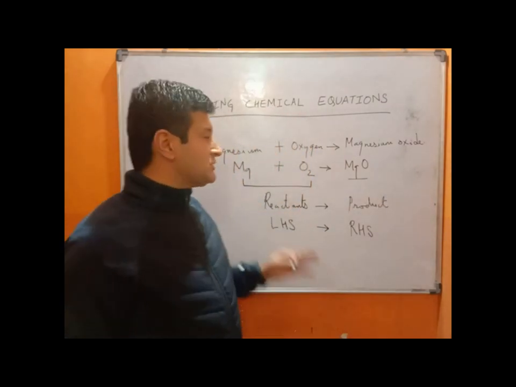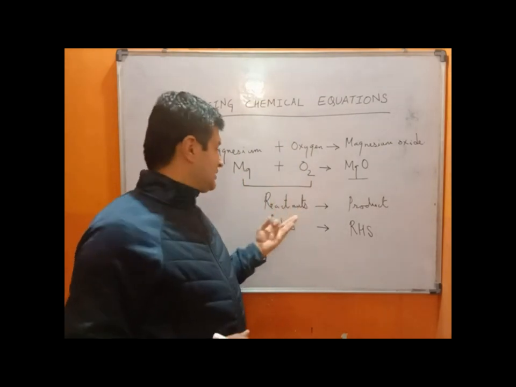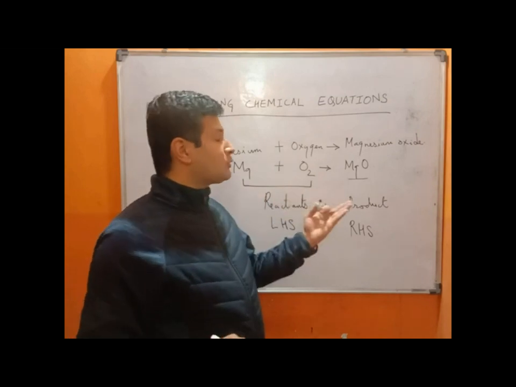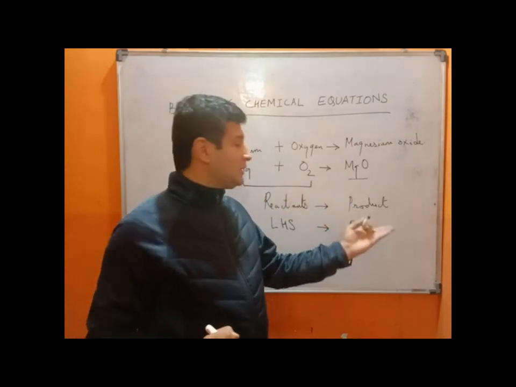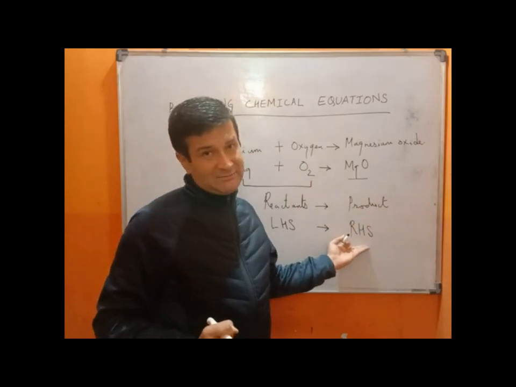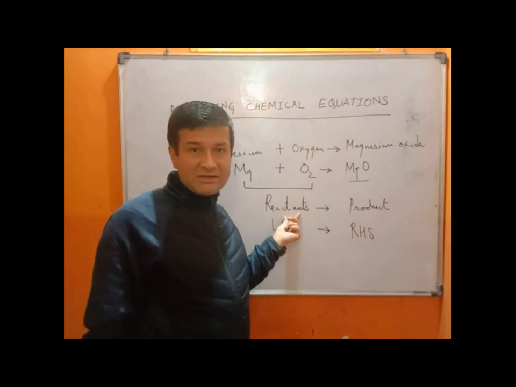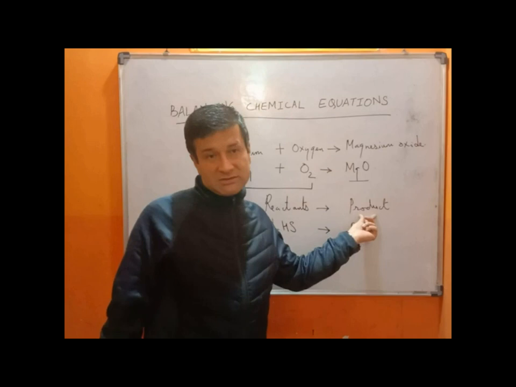However, we should ensure that the number of atoms on the reactant side, or left hand side, is equal to the number of atoms on the product side, or right hand side.